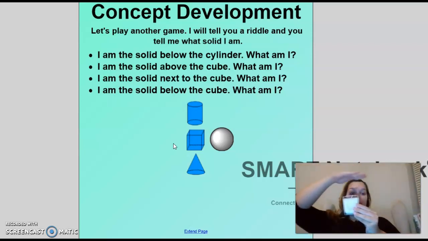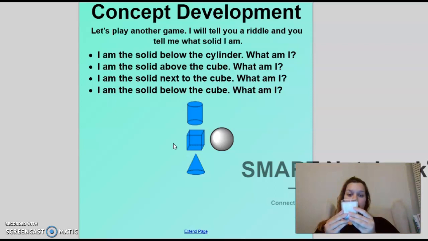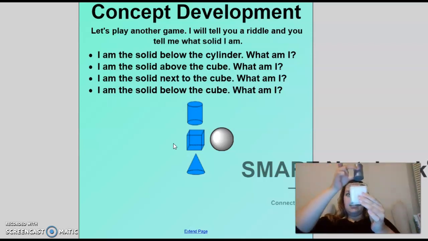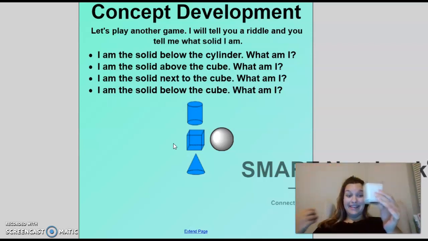What's above my cube in my picture? Is it the cone? The picture is above the cone? Or is it the cylinder? The cylinder. Amazing. Okay. I am the solid next to the cube.